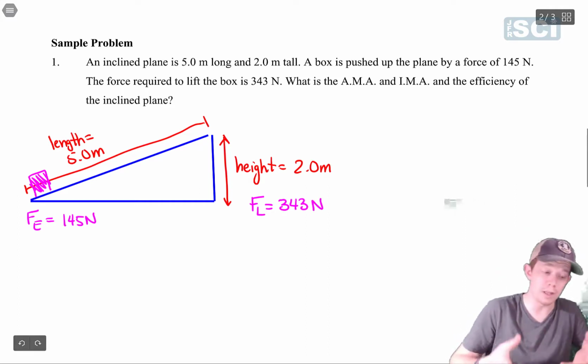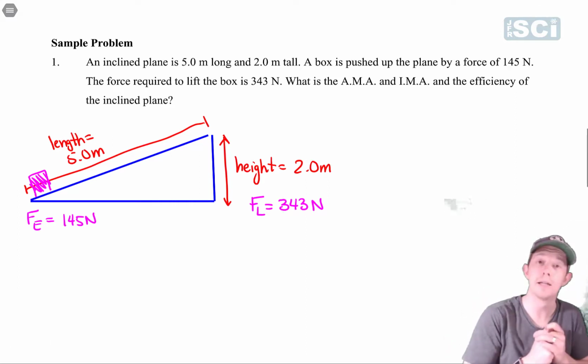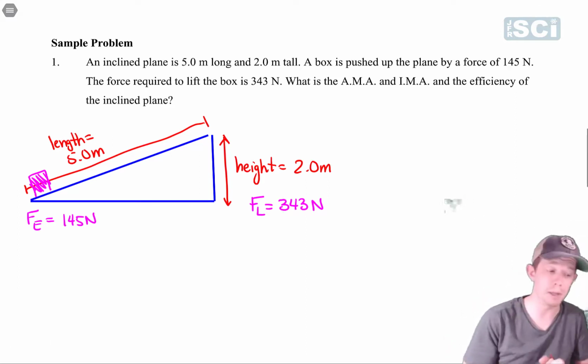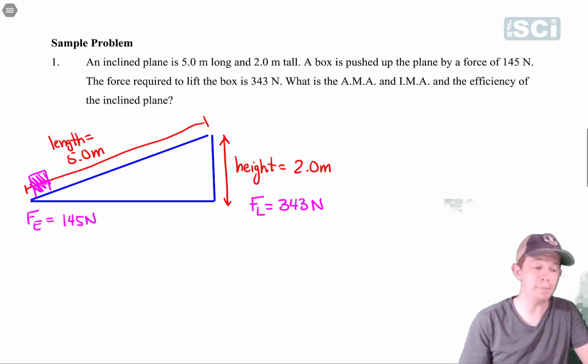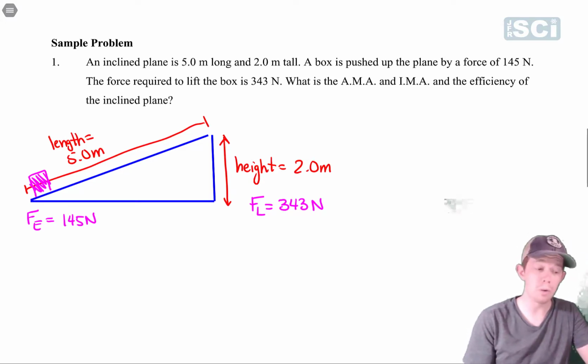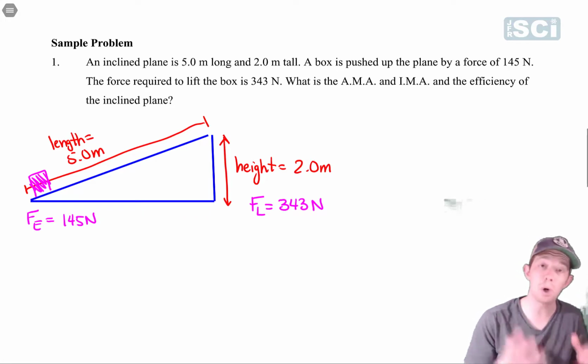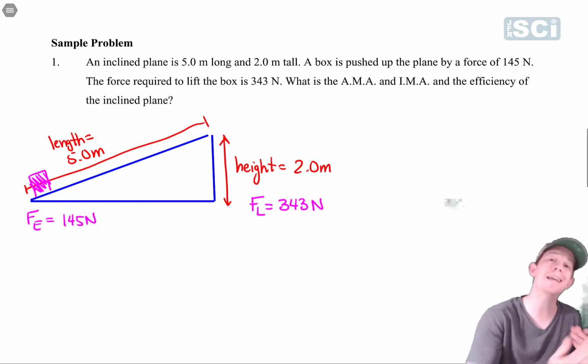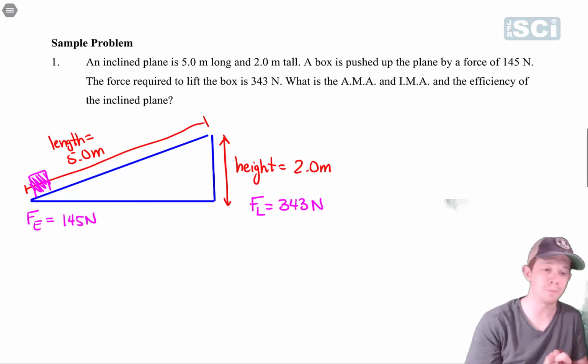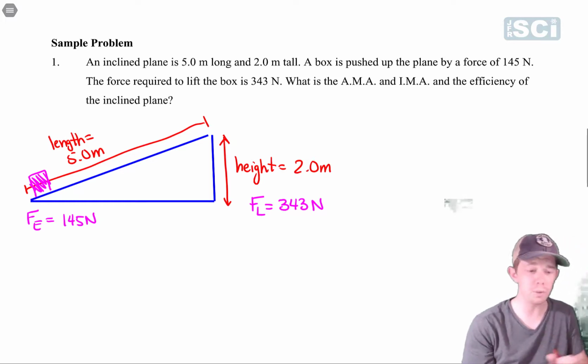That's if I was just going to lift it straight up the height and put it right on top of my inclined plane. Okay, so you can see that I'm using a smaller force with a larger distance to get the same result. So that's the purpose of an inclined plane, it reduces the force but increases the distance that I actually have to travel.